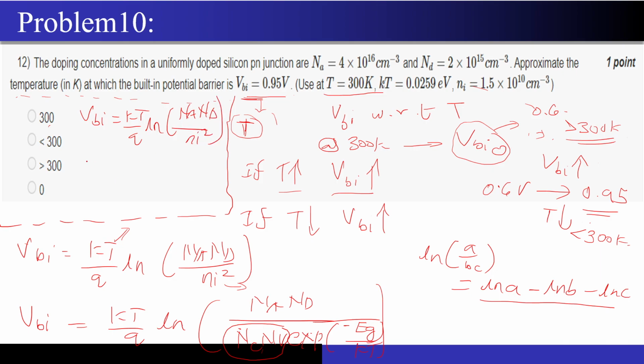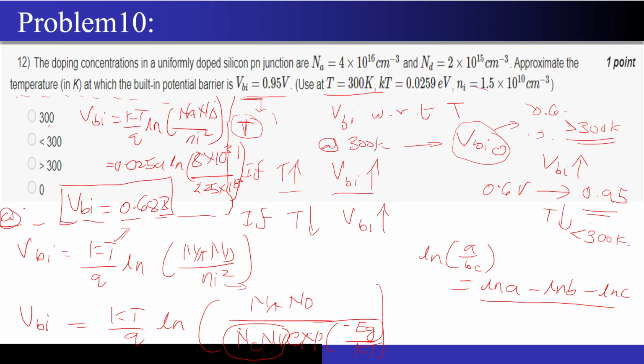If you substitute everything, kT at 300 Kelvin is 0.0259, log of this product of Na and Nd, which will come out to be 8 into 10 to the power 31, divided by ni square. You know the value of ni, so 2.25 into 10 to the power 20. I know this has become a mess, but I don't have space unfortunately. This VBI will come out to be 0.688 at 300 Kelvin.